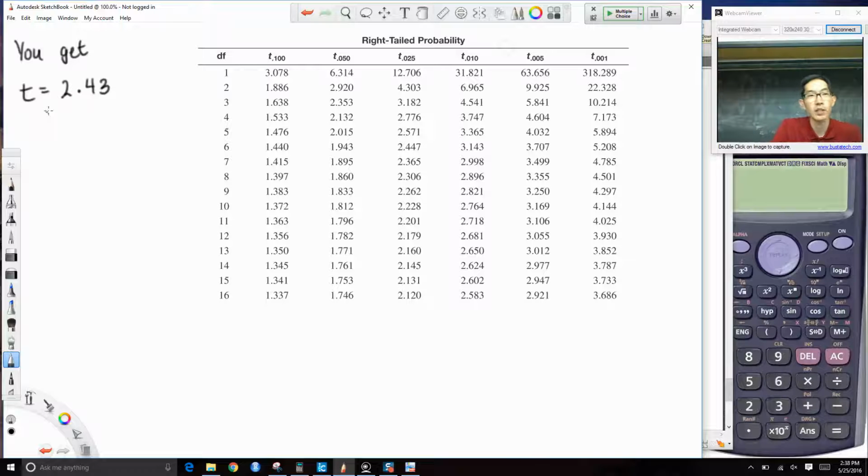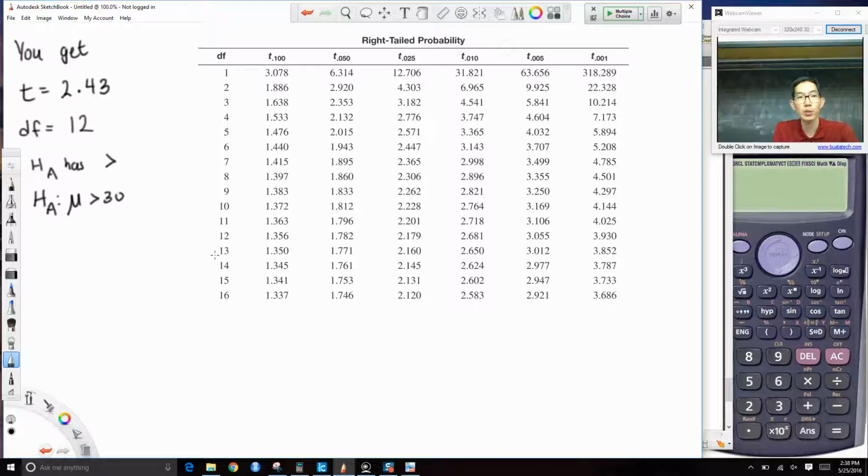What you'll need is your degrees of freedom. So let's say we have 12 degrees of freedom. And then you also need to know what the alternative says. So we'll say the alternative has a greater than sign. So we'll say HA is mu is greater than 30 or something like that.